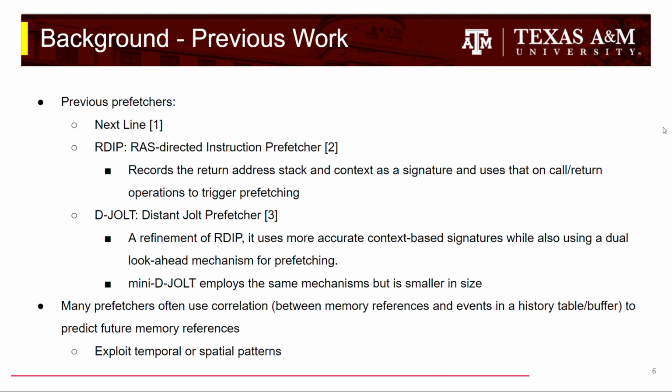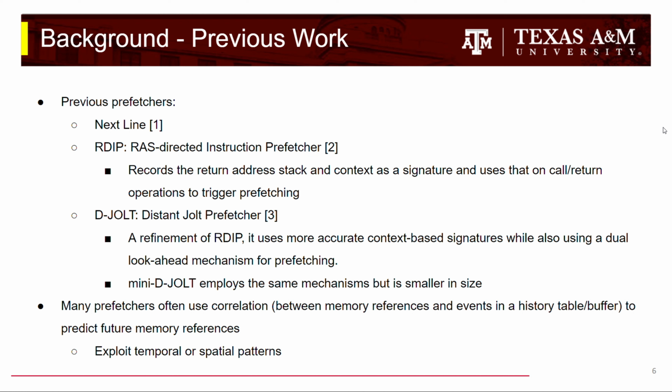Another prefetcher, which is the Distant Jolt Prefetcher, which was built on RDIP's foundation, introduced a dual look ahead mechanism and context based signatures for more precise prefetching. Although it was more accurate than RDIP, it requires higher computational resources and can still mispredict in complex applications.